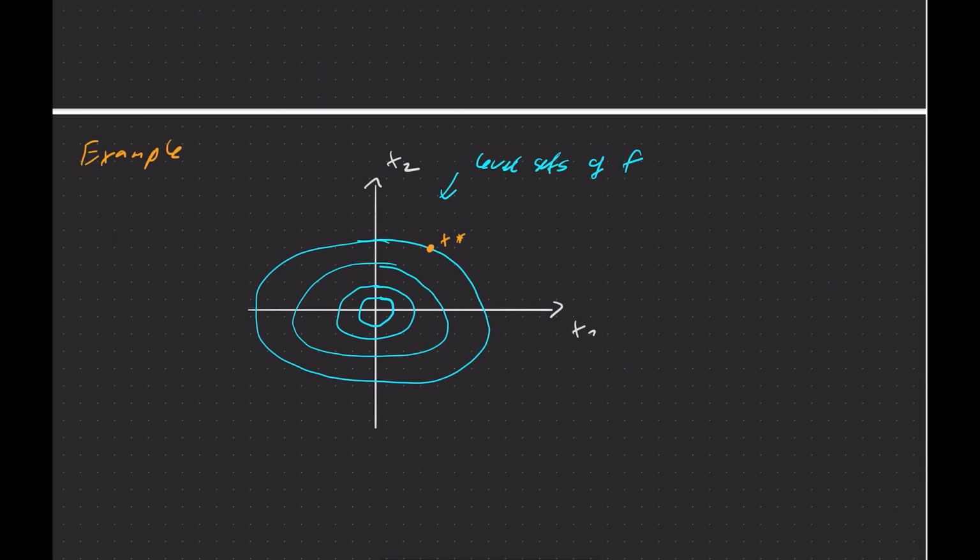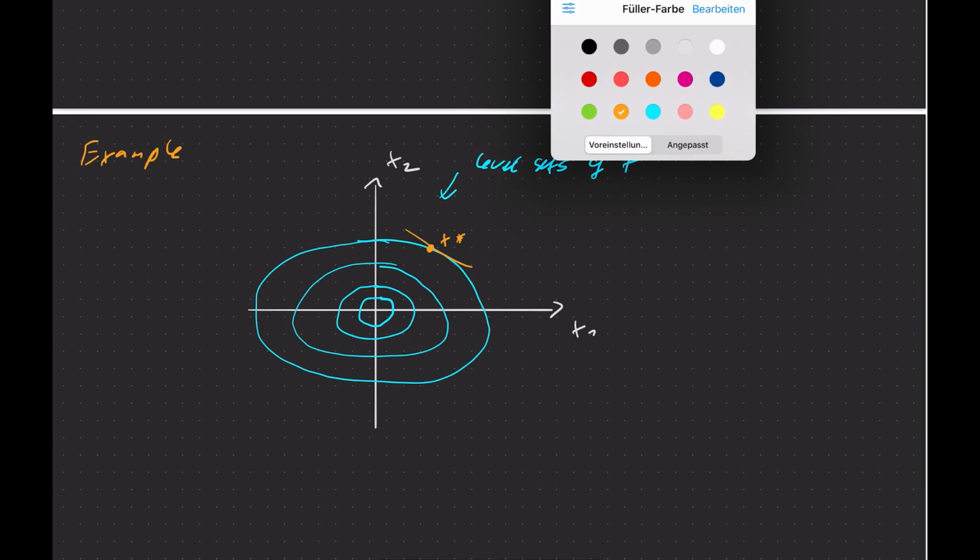Well, if we're moving along the level set, then nothing changes. Yeah, ascent and descent will be 0. That means if we would be moving along a tangent to the level set, something like this here, again, not much would change. So as we're close to x star, we are close to that level set of the same level, and that means the change is very, very slow. So what we want to do for maximum local change is move away from that level set in an orthogonal direction. And that's precisely what the gradient is doing.